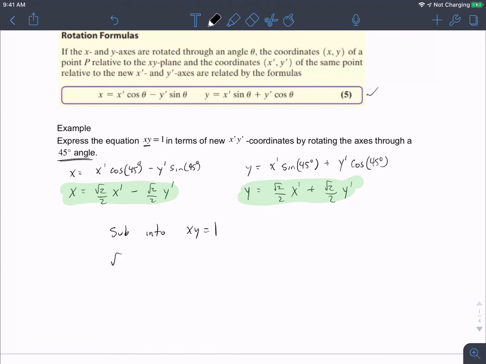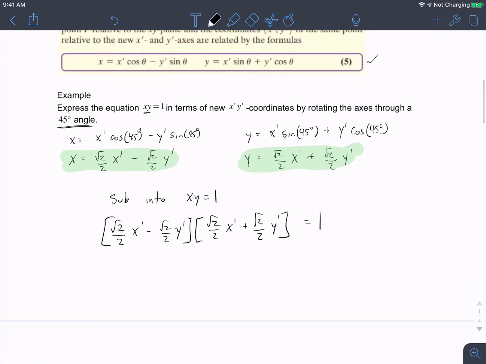So we're going to get square root of 2 over 2 x prime minus radical 2 over 2 y prime, that is my x value, times my y value, which is radical 2 over 2 x prime plus radical 2 over 2 y prime, and that's equal to 1.